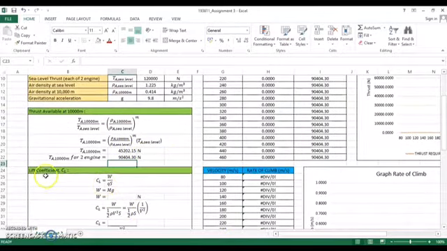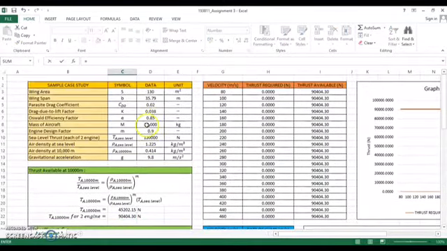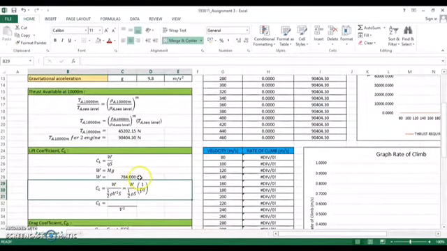Next, we need to find the lift coefficient. First of all, we need to find the weight, which is mass times the gravitational acceleration, and you get the answer 784,000 Newton.